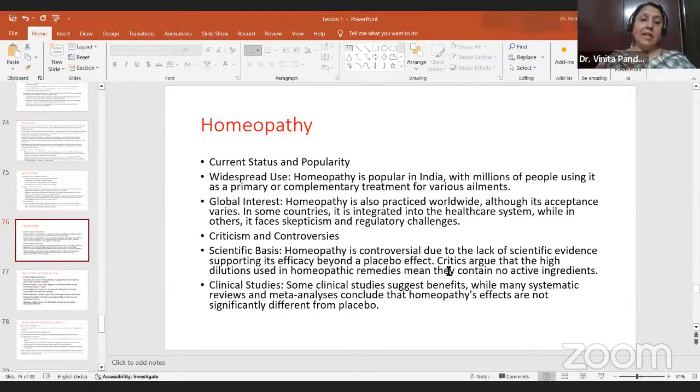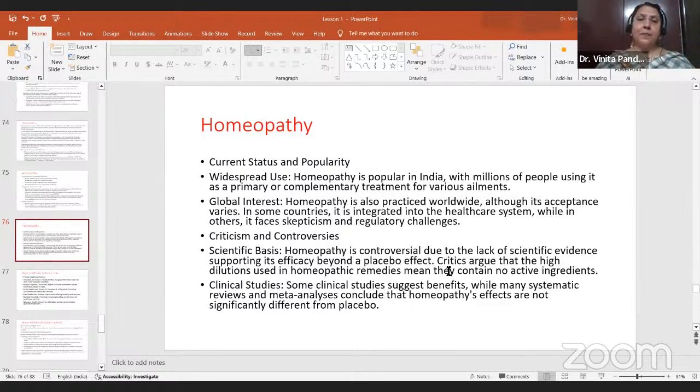And regulatory challenges. Now, criticism: why has homeopathy medication been criticized? Because it is controversial due to lack of scientific evidence supporting its efficacy beyond a placebo effect. Critics argue that the high dilutions used in homeopathic remedies mean they contain no active ingredients.